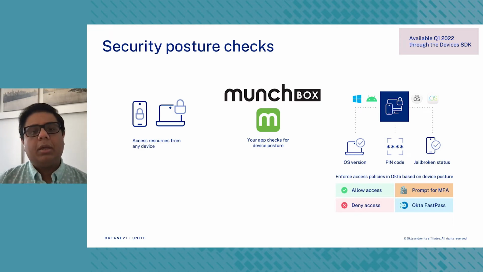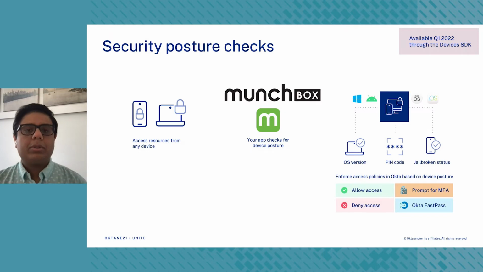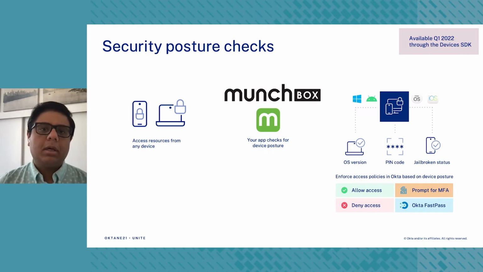In addition, you can also decide whether a user needs to provide additional factors or whether a user should be denied outright based on the security status of the device that they're trying to access a resource on. We're really excited to have our customers be able to incorporate Okta FastPass in your own applications.